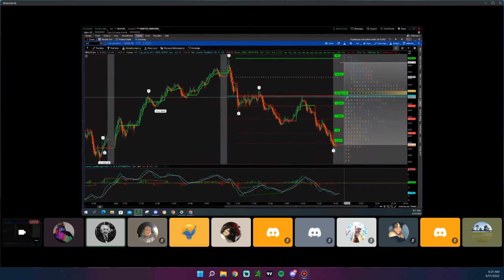I have a plan based on the levels and this and that, and I'll get in. But if I see that it's bouncing off a level that's critical to me, most likely that I will get in probably at the same time because we might be seeing the same picture. Hopefully that makes sense. But he's more of a scalper, and he does day trade as well once he has profit, which is the right way to do it. But this is just how I do it.